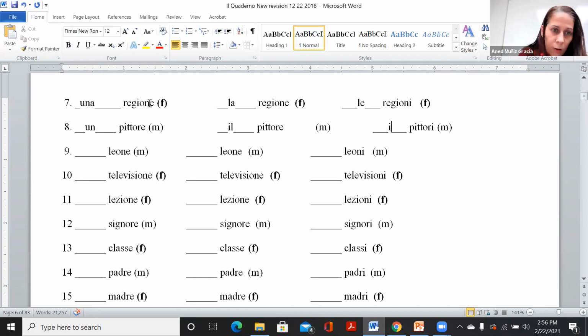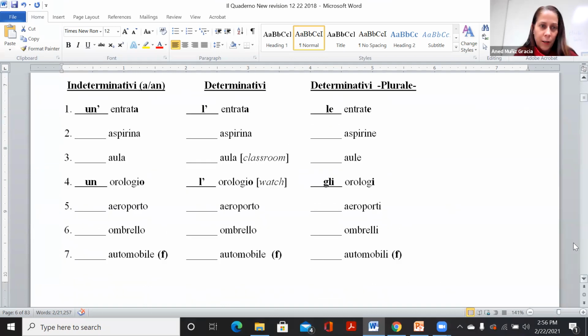Again, these are all e ending singulars, so the plural is going to end with e regardless of gender. So it's like, oh, wait, isn't this a masculine form? No, not necessarily, because some nouns end with e in the singular form. Poi, then we have the next page.